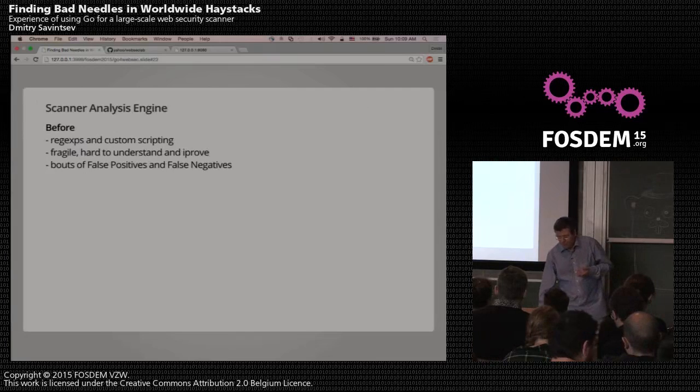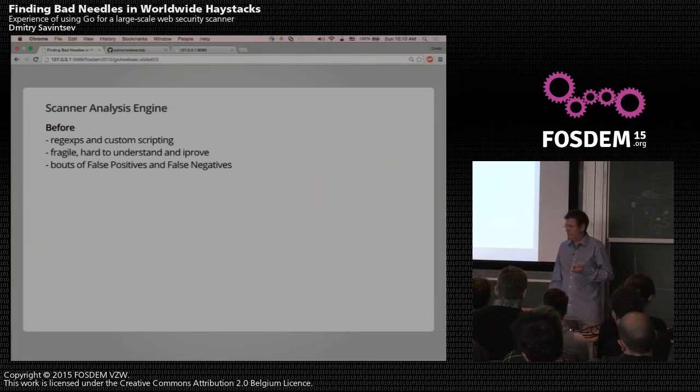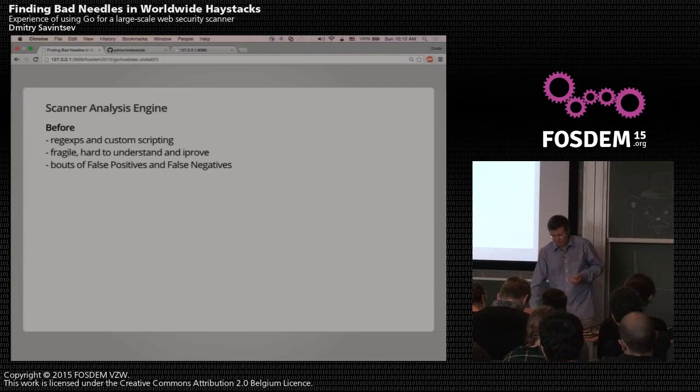Previously we had lots of regular expressions and custom scripting, and that got difficult to understand and quite fragile. And there were still lots of false positives and false negatives.